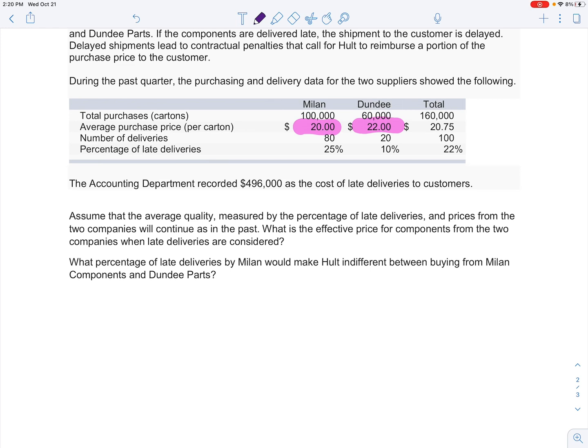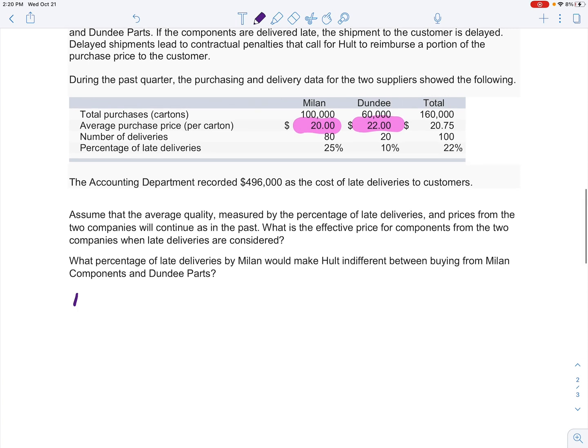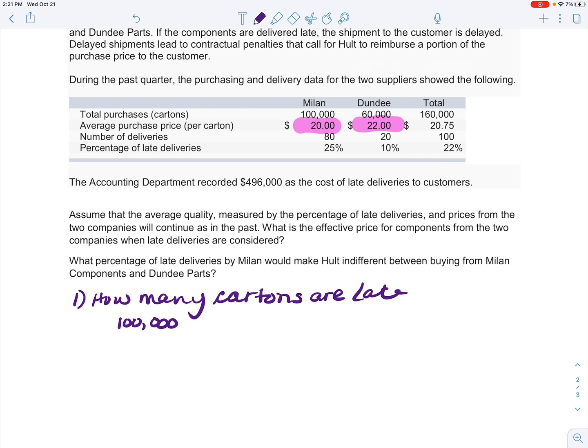The first thing we're going to do is figure out how many cartons are delivered late. Because they're giving us a percentage, we need to take that 100,000 cartons from Milan.